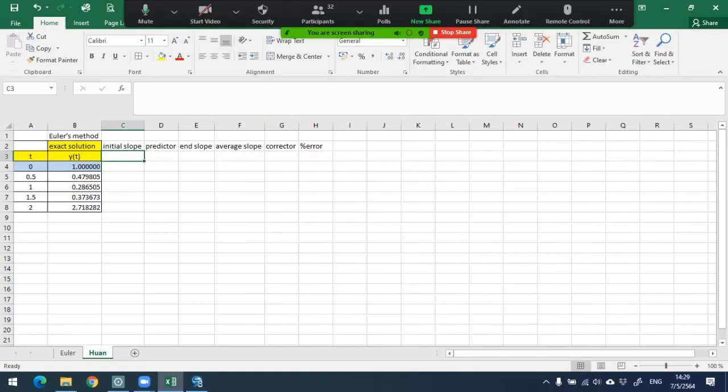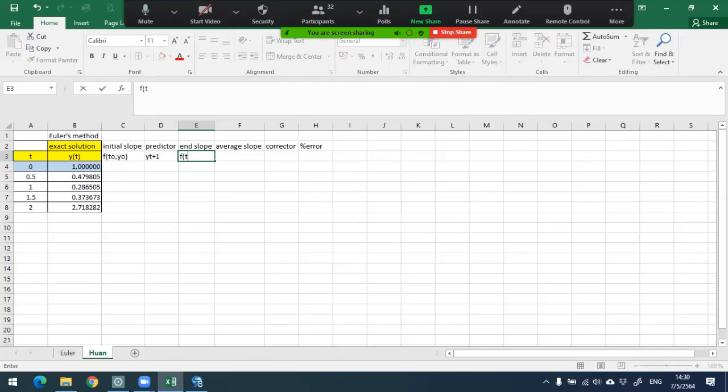Initial slope, what is this? I may use t0, y0. Predictor is y i plus 1, and the end slope may be represented by f p i plus 1.